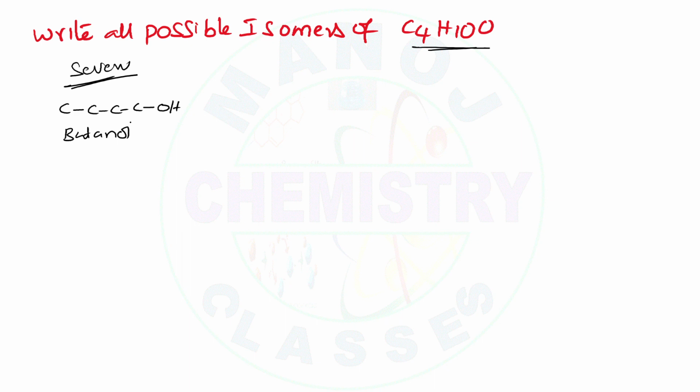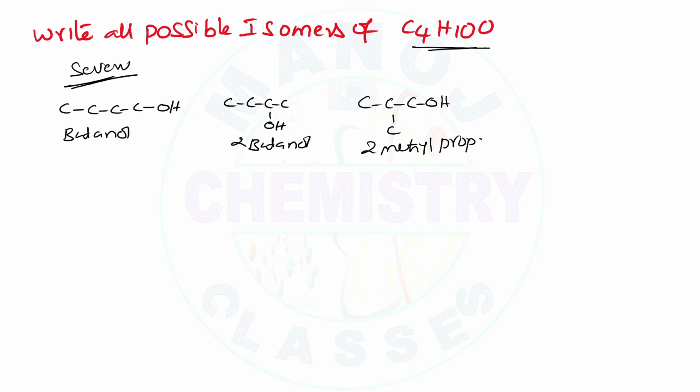Whereas the second one, 1 2 3 4, is 2-butanol or butan-2-ol. Whereas the third one is 2-methylpropanol, with the OH hydroxy group, 2-methylpropan-1-ol.